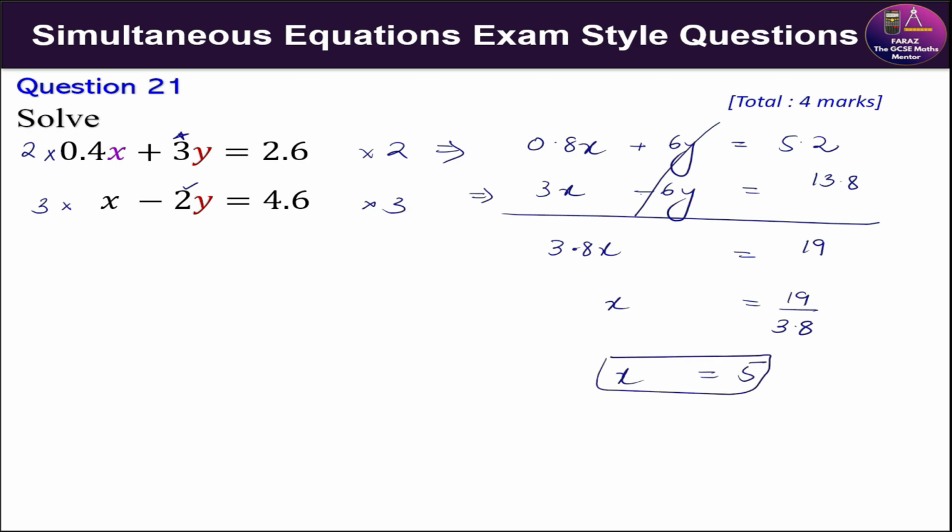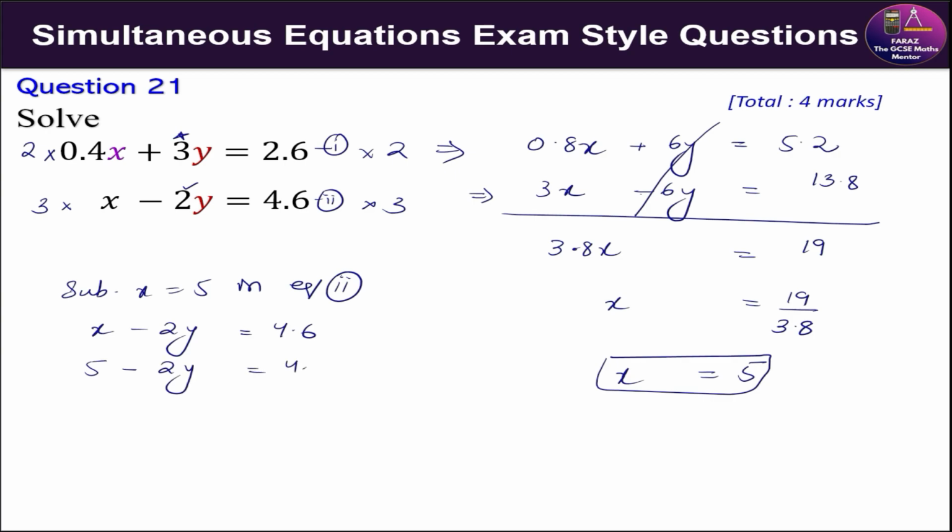Now substitute the value of x equals 5, let's say in equation number 2, because in equation number 2 you have all the values like x and y coefficients in integer form. So if we substitute x equals 5 in equation 2, rewrite the equation x minus 2y equals 4.6 and replace x by its value, so it will become 5 minus 2y equals 4.6.